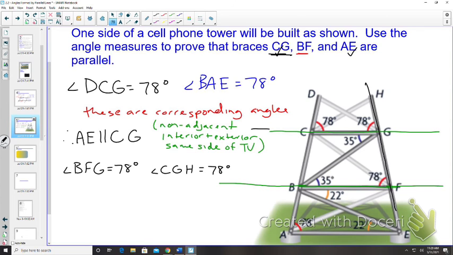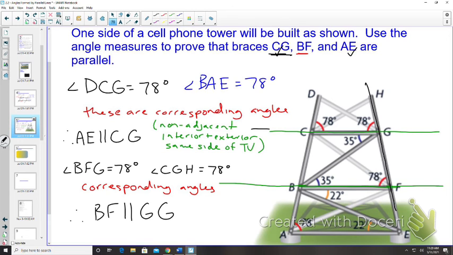And they are corresponding angles. Corresponding angles. So therefore, BF is parallel to CG.